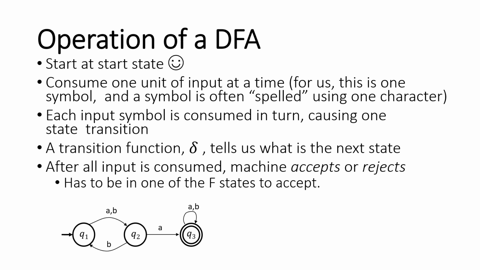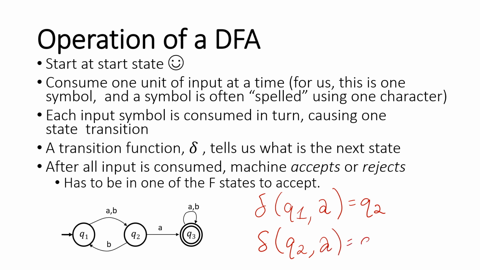So we can write down things like delta of Q1 and the letter A is going to be Q2. Similarly, Q2 and A is going to take me to the next state, Q3. These are just some examples, so I can write exactly what those delta transitions are.